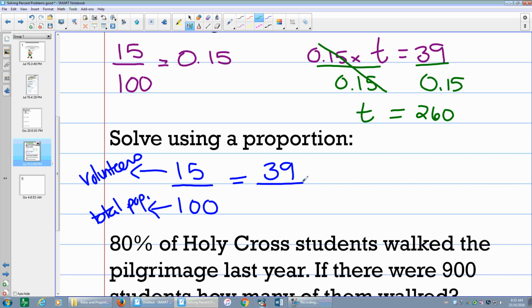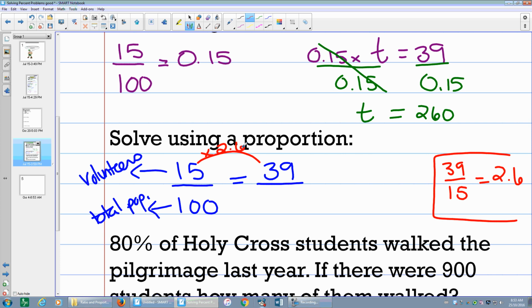Okay, now it's the same step here. I have to go from 15 to 39. I know I'm increasing, so I know I'm going to be using multiplication. I'm not sure what I have to multiply 15 by to get 39. So again, off to the side here, I'll take 39 divided by 15, and that gives me 2.6. So I'm going to take 15 times 2.6.